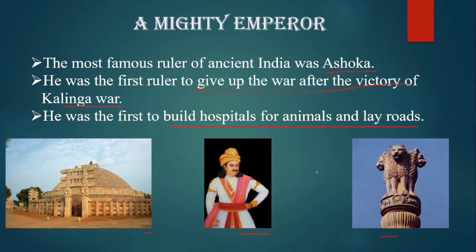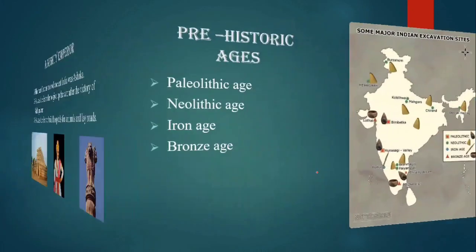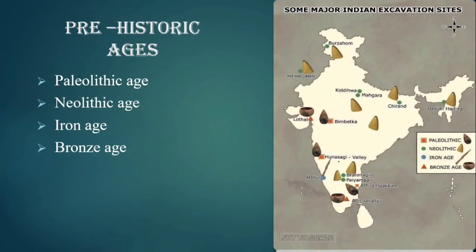For better understanding, we have a map here. In this map, I have marked some excavation sites. Paleolithic age belongs to Bhimbetka, Hunsgi Valley, and Neolithic age belongs to Burzahom, Mehrgarh, Koldihwa, Chirand, Daojali Hading, then Payyampalli, Brahmagiri.